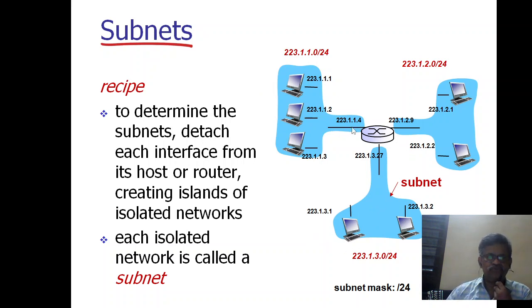That is how we find subnets, by detaching from these interfaces. Those common portions would be the net ID. The varying portion would be the host ID. So here 24, 24, 24: the first 3 bytes are the net ID. So /24 means 3 bytes are net ID.